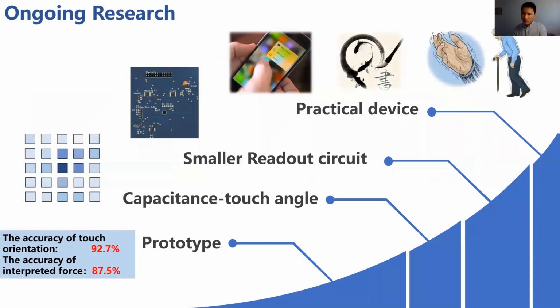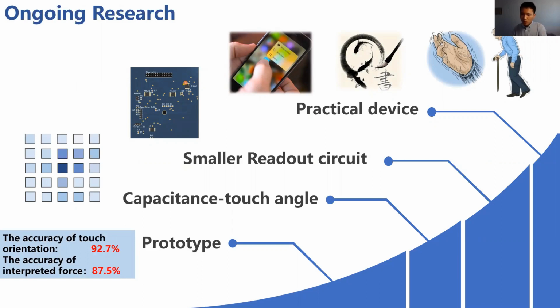At present, the force accuracy of our system has reached 87.5%, which is not very high in practical applications. The direct reason for limiting the force accuracy is angle prediction. So our next job is to find a better capacitance touch orientation angle prediction model.